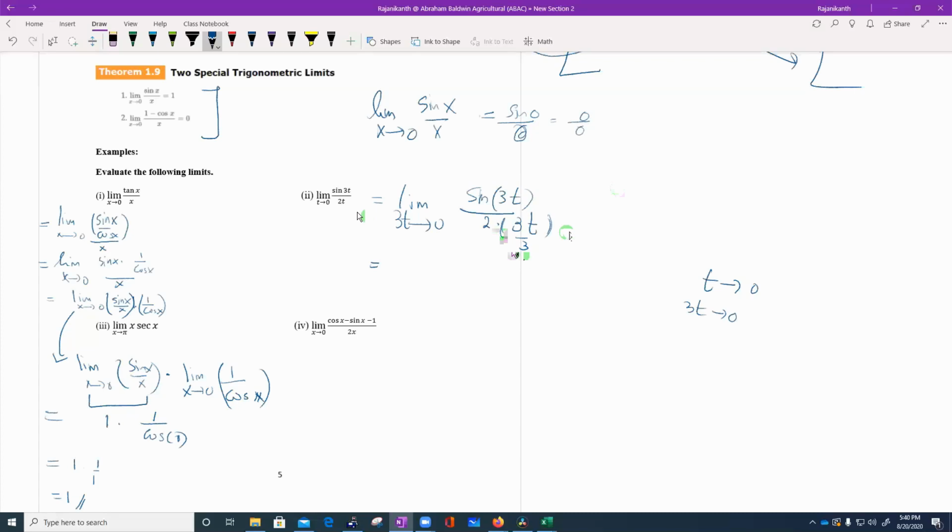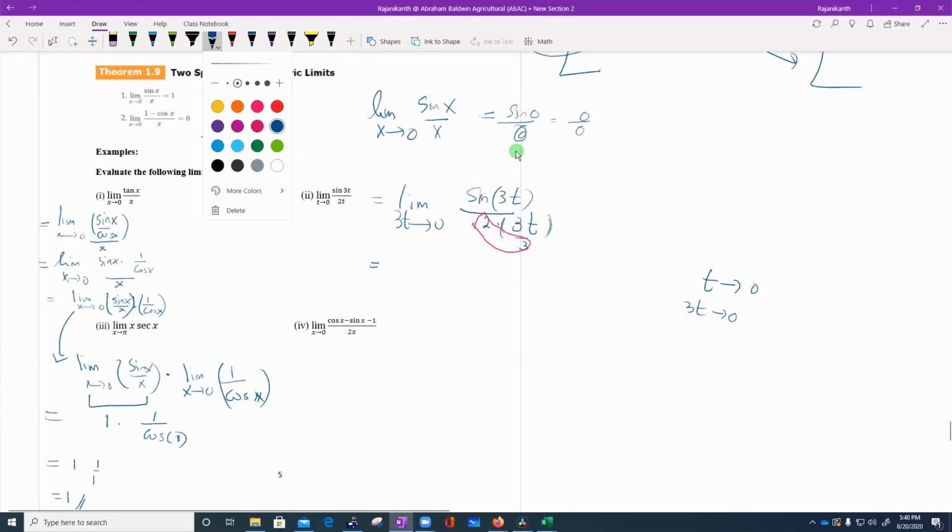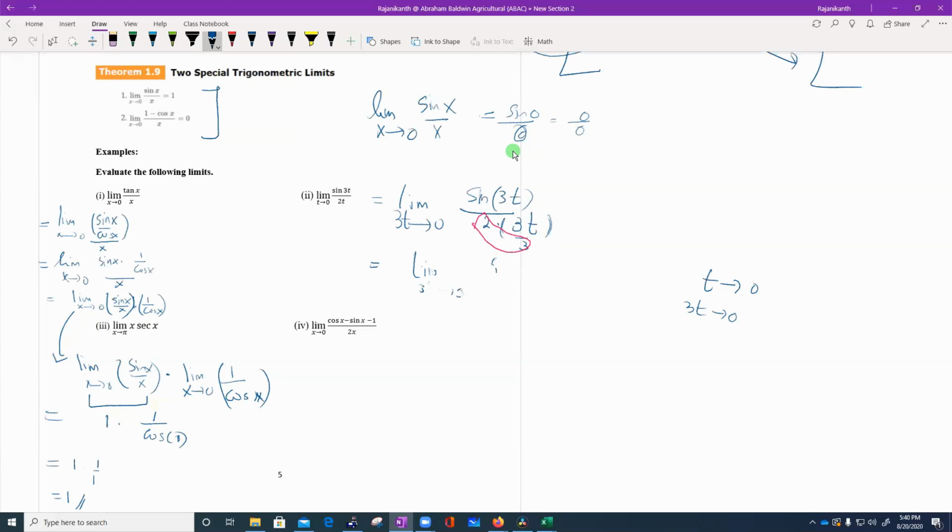Now what I'm going to do is separate the constant piece, 2/3. Okay? So if you move that, you could rewrite this as the limit as 3t goes to 0 of sine 3t over 3t.